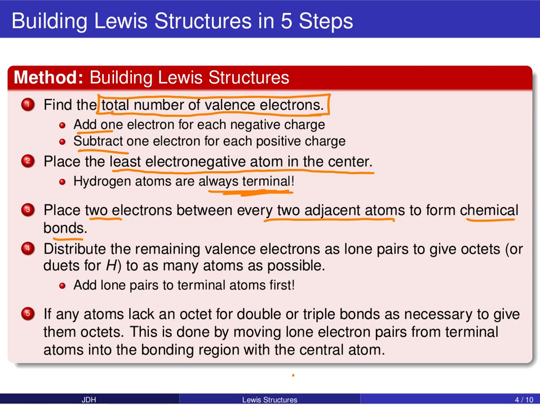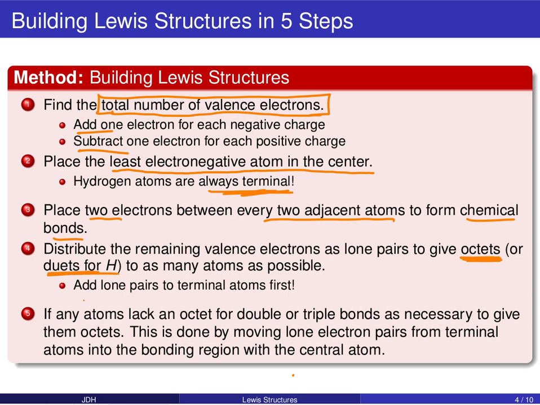Once you've paired together all of those electrons in step 3, step 4 is going to be to distribute the remaining electrons as lone pairs with the goal of giving octets. Remember, atoms like to have that full outer shell. So give those octets, or in the case of hydrogen, a duet, to as many atoms as possible.